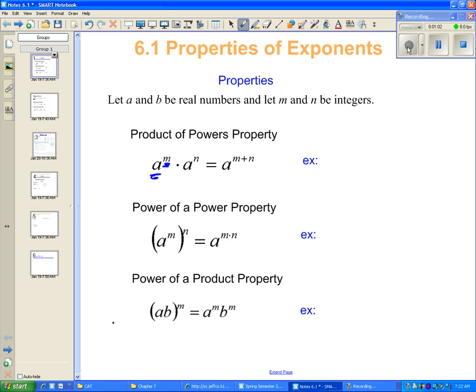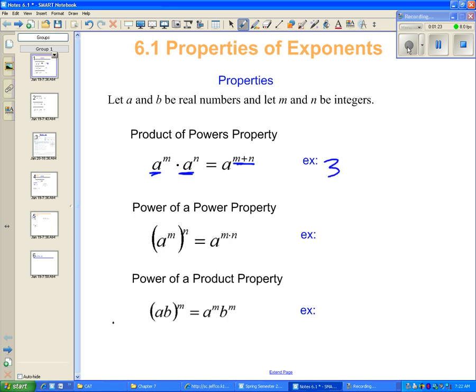So when I talk about my base, I'm talking about the number. And when I talk about the exponent, I'm talking about the power. So when I look at this and my bases are the same, I have both A and A, what I do is I add my exponents. So this becomes A to the M plus N.